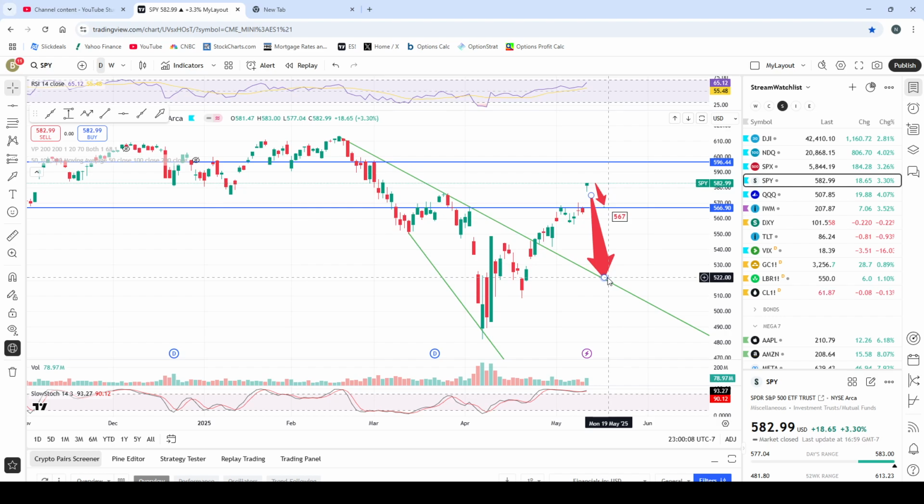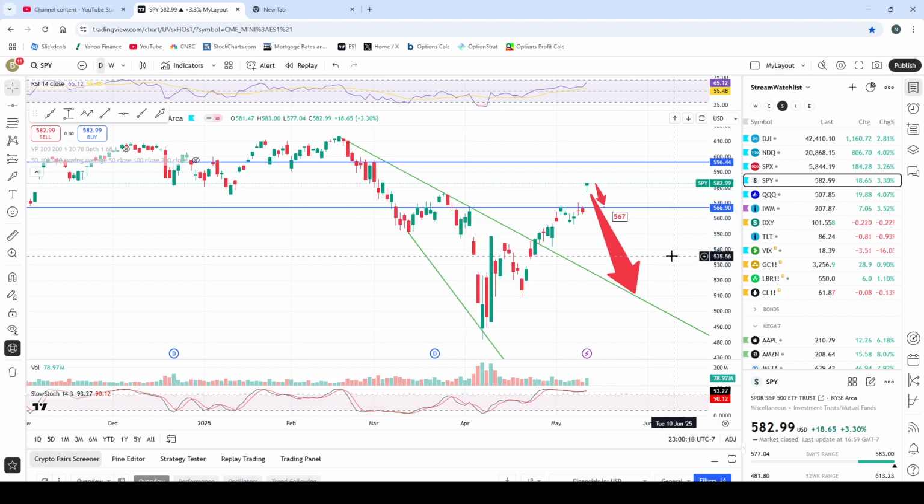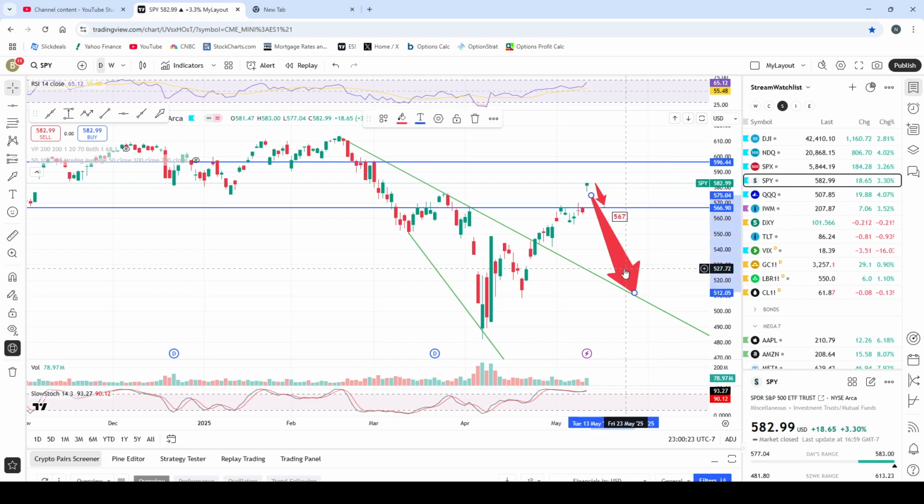We don't know, but I'm pretty sure it will test 567 soon, and maybe later on it will come back here in about, let's say, a month or two. We don't know, but you have to keep that in mind.